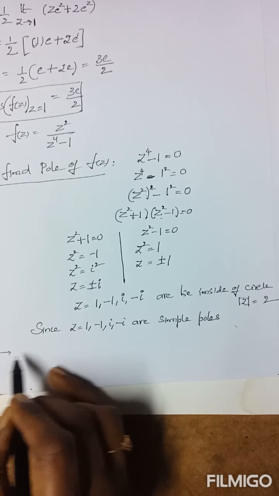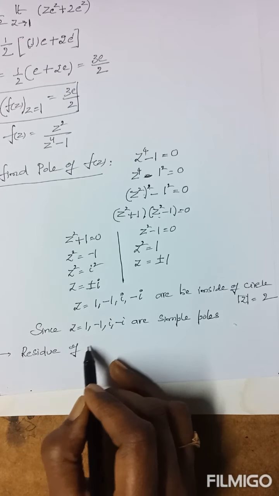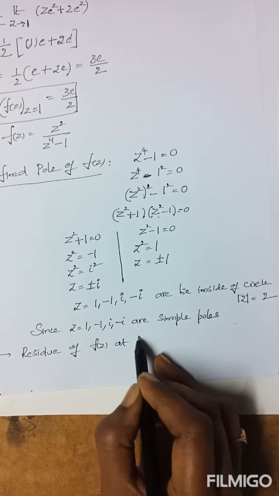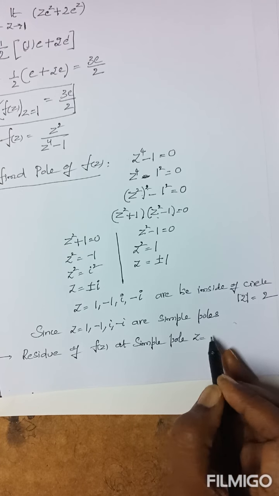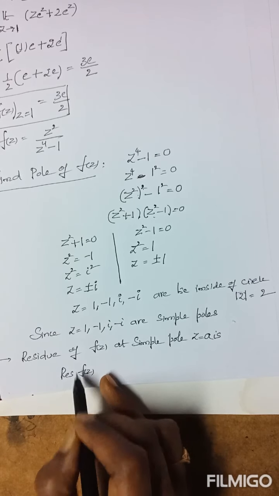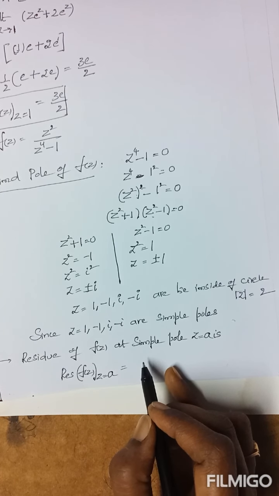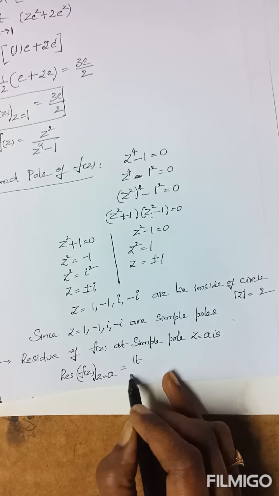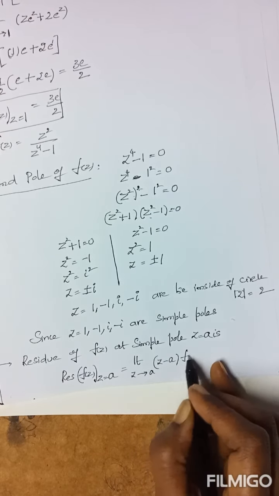Now, the residue of f of z at a simple pole z equal to a is given by a formula. The residue of f of z at z equal to a, the standard formula, is the limit of z tends to a of z minus a into f of z.